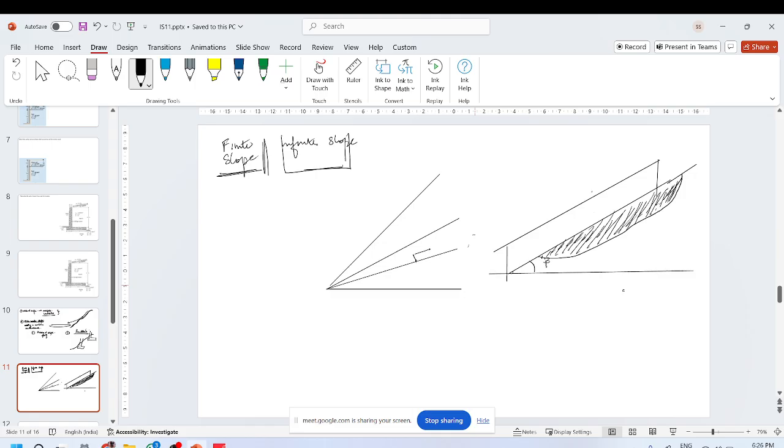Any object you place here will have some mass in this direction. Then if you divide it into the components, sorry, this was like this.